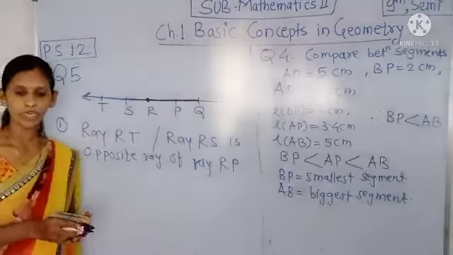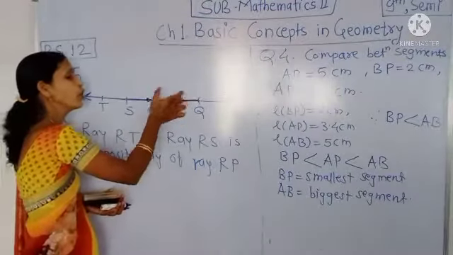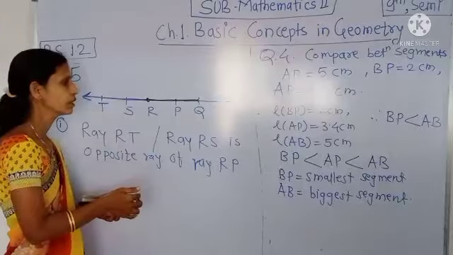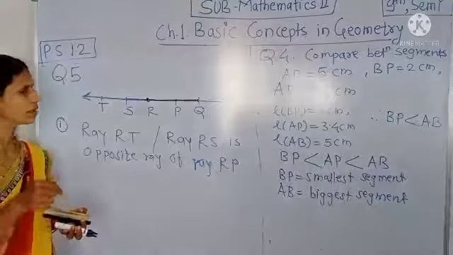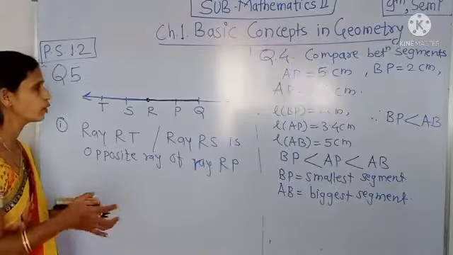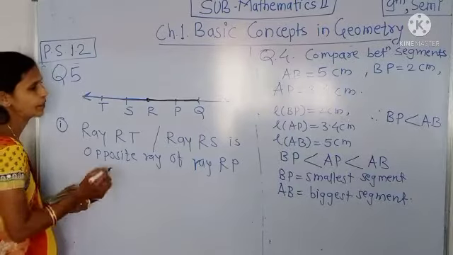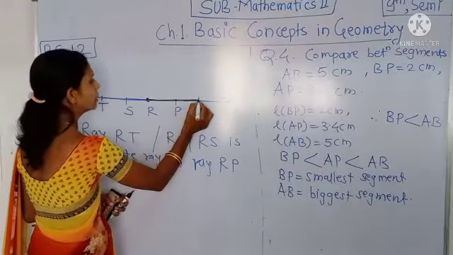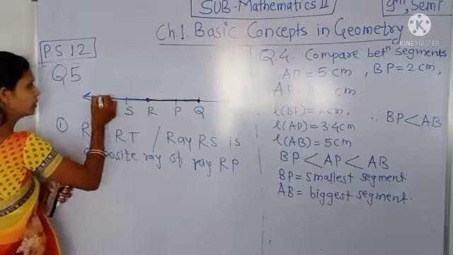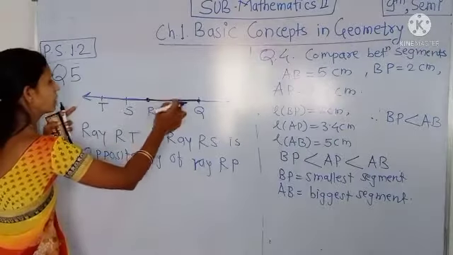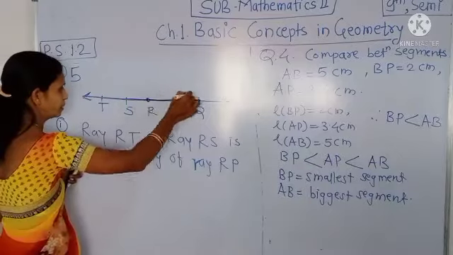Here we have to mention the rays of which segment QR is a subset. That means segment QR should be included in that ray, that is, in the set of points present on that ray. Considering the endpoint Q, we have to write the rays in which segment QR is included.